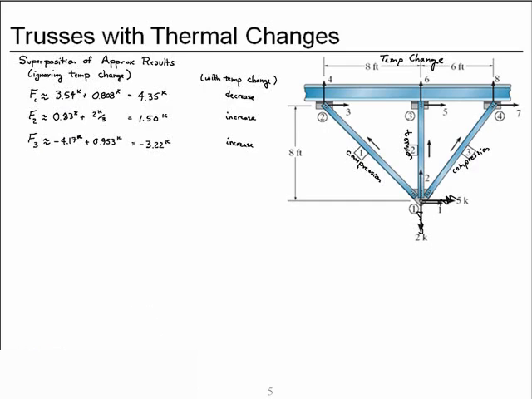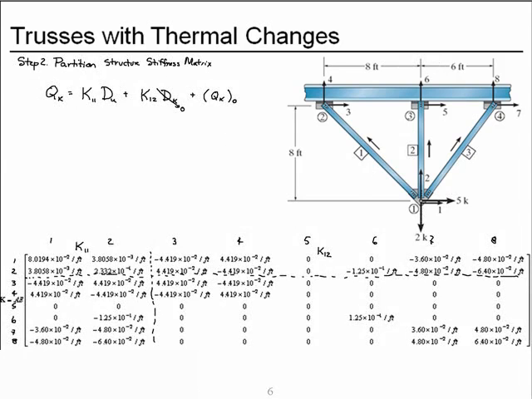I didn't specifically perform approximate analysis due to the temperature change, but we looked at what types of forces, tension or compression, would be generated if only the temperature change occurred. And I then used that information to superimpose on top of our approximate results and to predict which way our approximate result should change when we compare with the stiffness result.